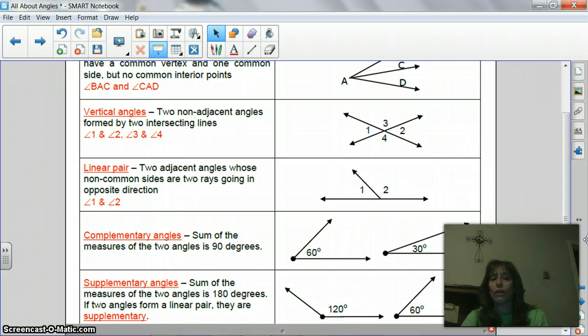And also, unlike a linear pair, they do not have to be stuck together. They could be separate angles that add up to 180. So that's the difference. And tomorrow, I'm going to ask you to compare and contrast a linear pair and supplementary angles and tell me what is similar about them and what's different about them.